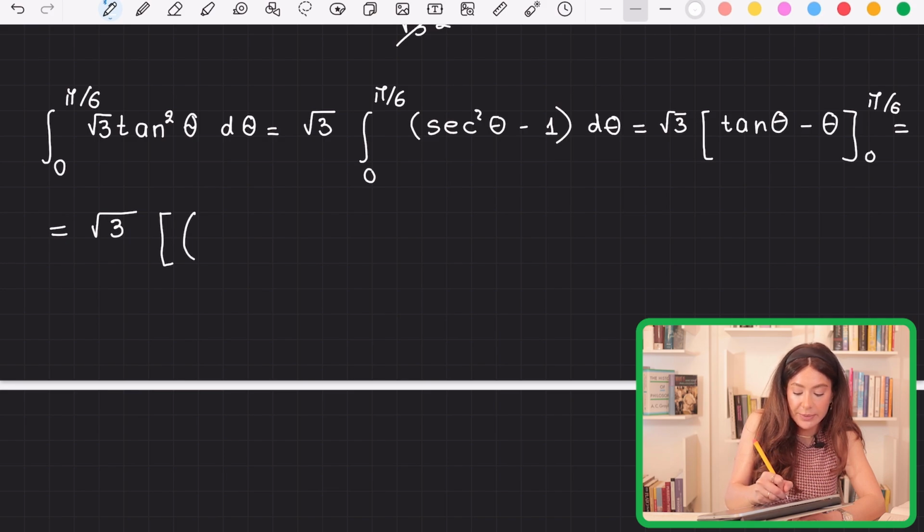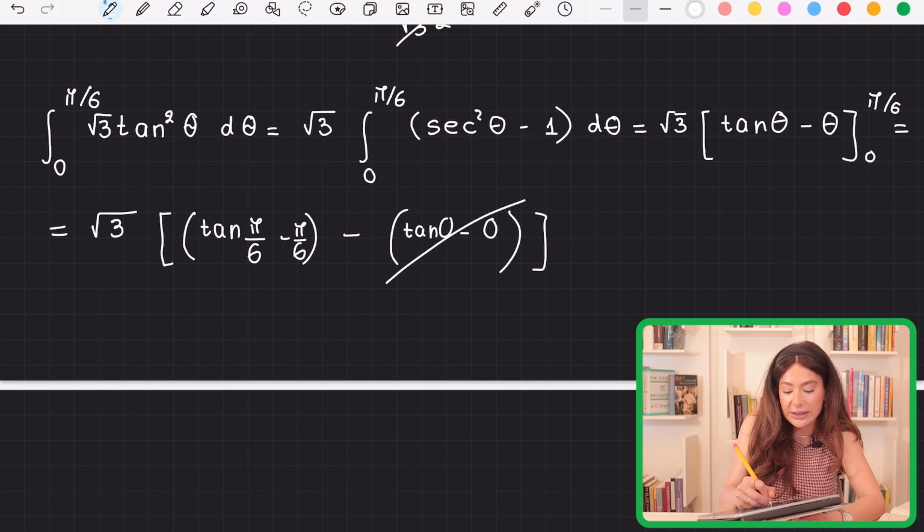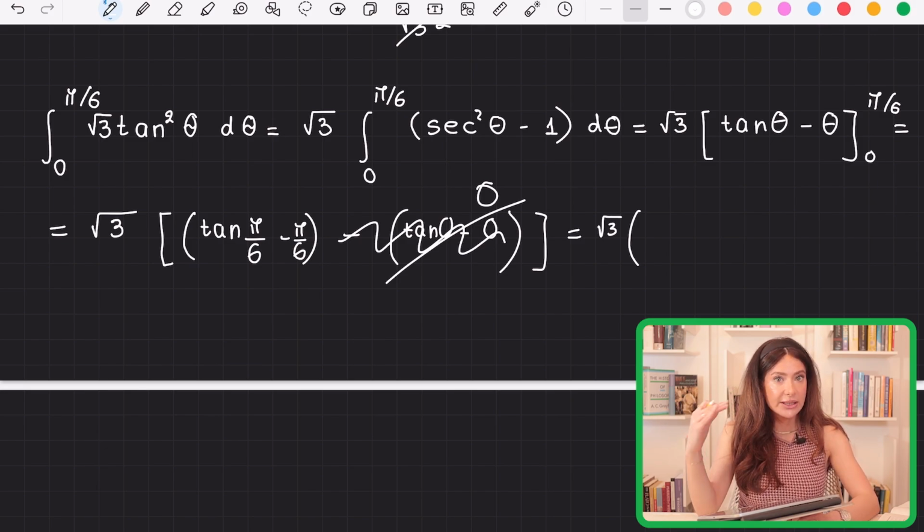Okay, so I'm going to apply the fundamental theorem of calculus, take the difference of upper bound and lower bound. Tangent of pi over 6 minus pi over 6, and tangent of 0, which is 0, minus 0. Okay, so this term is 0, so you don't need that. Then you have square root of 3 times, so tangent of pi over 6, this is the same as sine of 30 degrees over cosine of 30 degrees, okay?